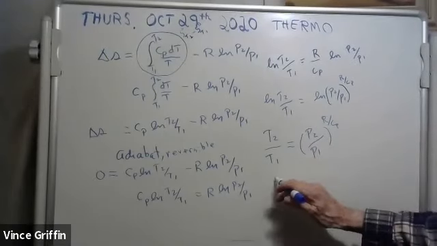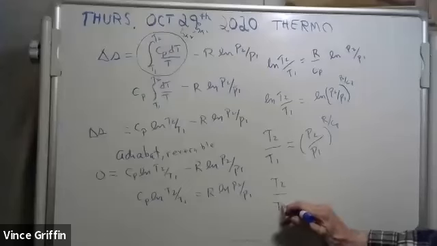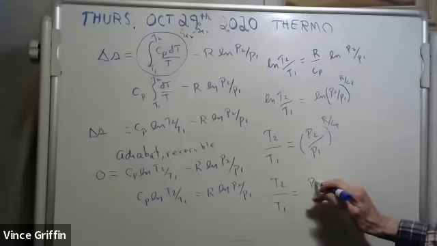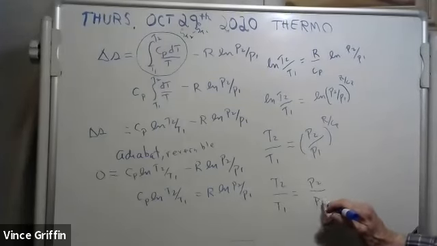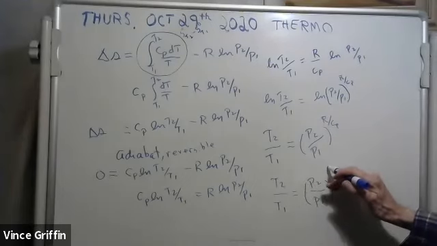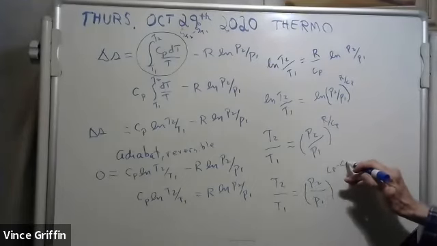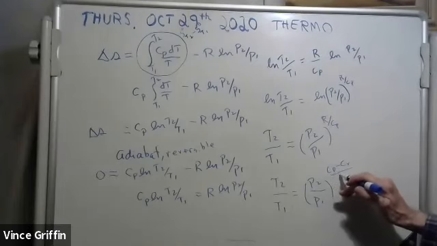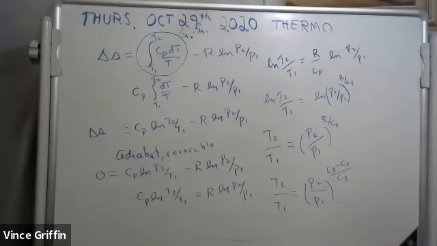And the next step is T2 over T1 equals P2 over P1 to the C sub P minus C sub V over C sub P. Can you get to there? I bet you can. Now what?